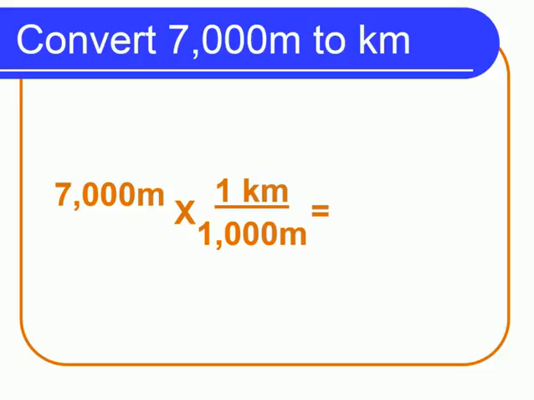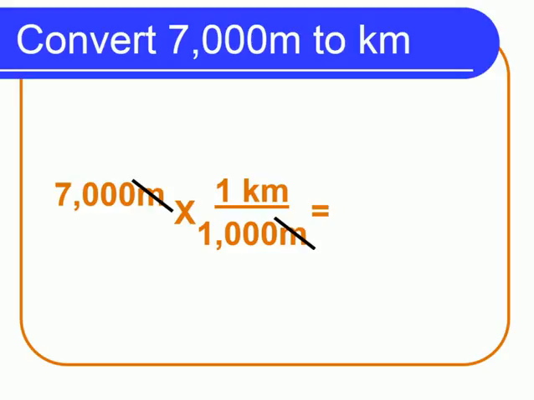The reason I know I need to do this is because I need the meters from the original value, the 7,000 meters, to cancel out. So in order to do that, I have to have meters on the numerator and on the denominator so that they can cancel out once I divide through.